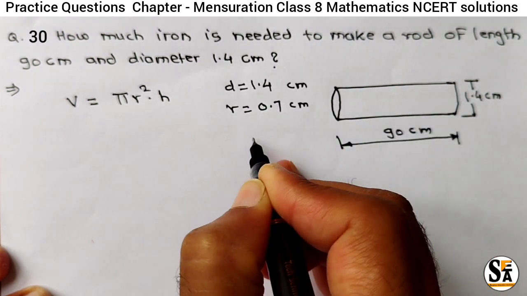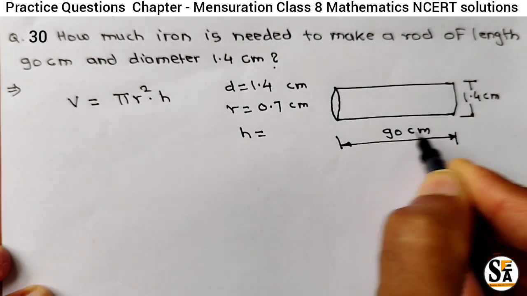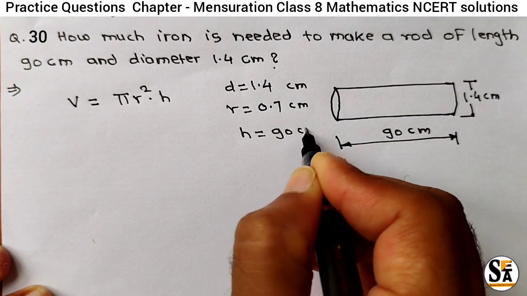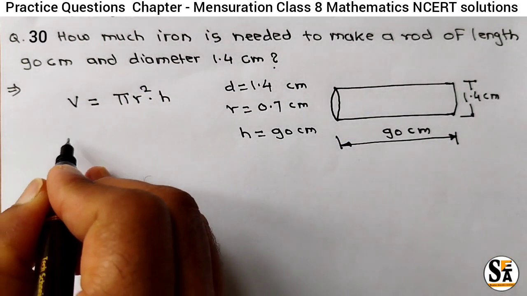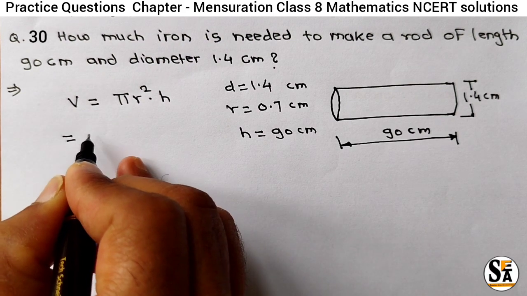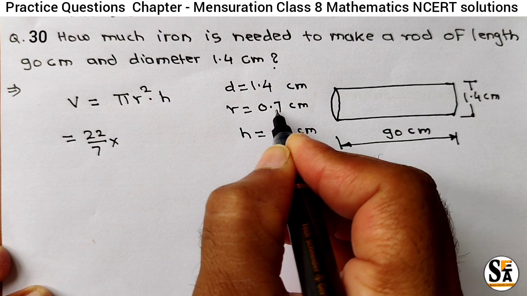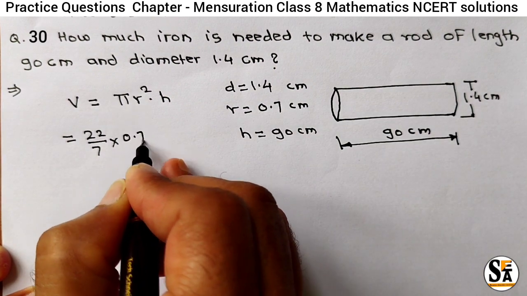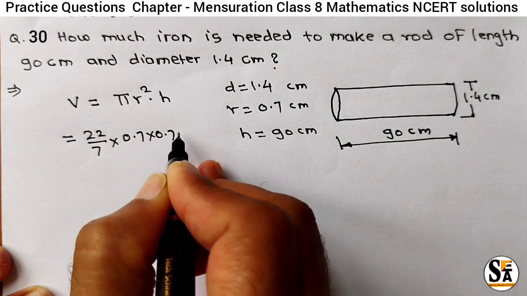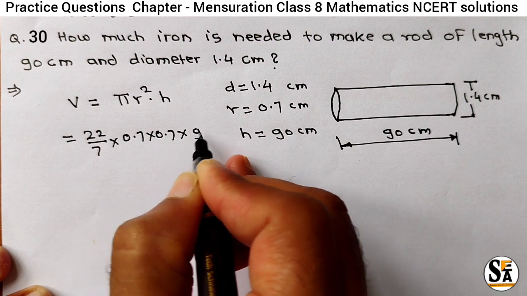And h is this length, that is 90 centimeter. Now put these values in the formula: pi is 22 upon 7, r we just calculated 0.7, 0.7 into 0.7, and h is 90.